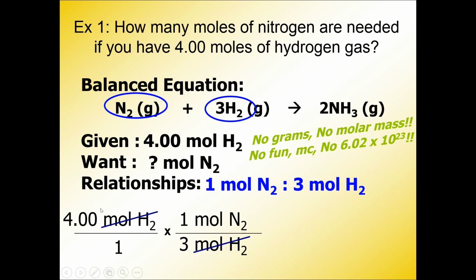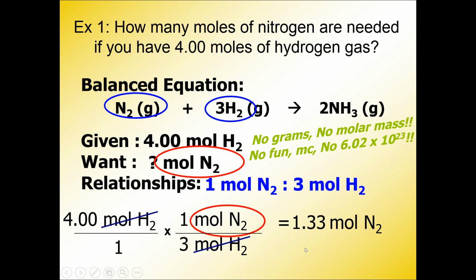So in the calculator, you can do 4 divided by 3. And our unit is going to be the unit that is left over in the problem, moles of N2, which is great because that's what we wanted. Whatever you end up with in this last spot should be part of your answer. And my answer, rounded to 3 significant figures because the given has 3 significant figures, is 1.33 moles of N2.